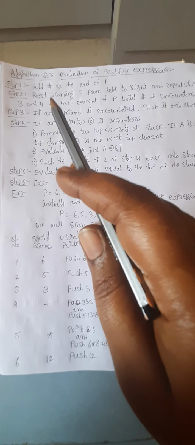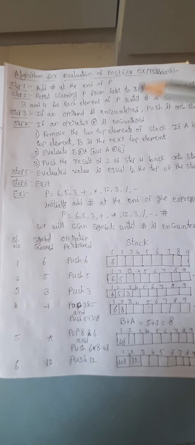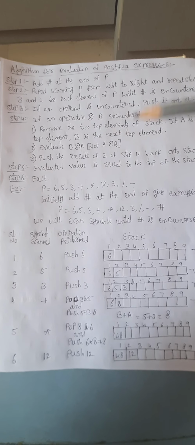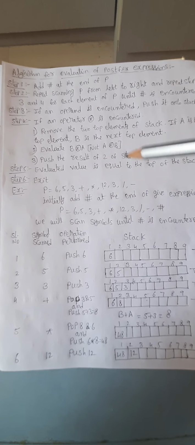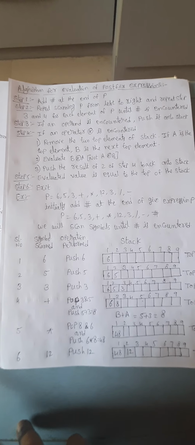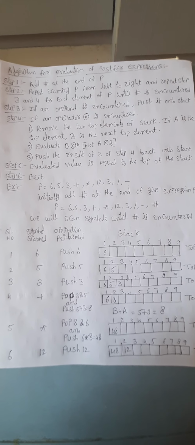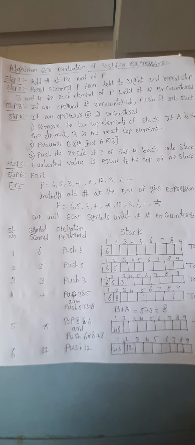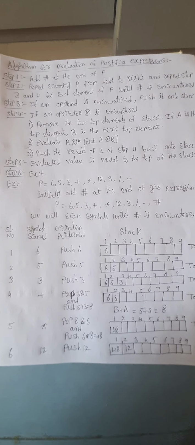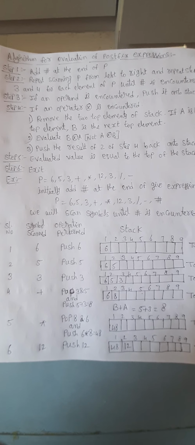And the second step is to repeat scanning of P, that is the expression, from left to right. After scanning the expression, we have scanned all the symbols and inserted them into the stack. Like that, we have to scan all the operators and operands from left to right, and repeat the steps for each element of P until hash is encountered.